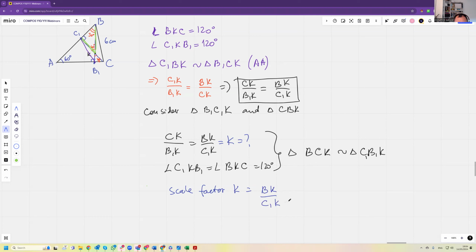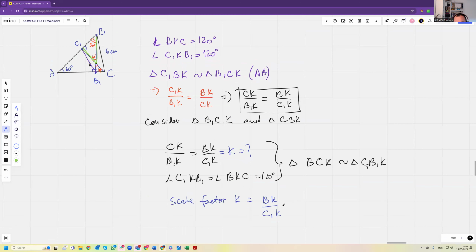But BK to C1K, if we consider the triangle, is equal to, because it's a 30, 60, 90 triangle. So this triangle is C1KB, because this is 30 degrees.